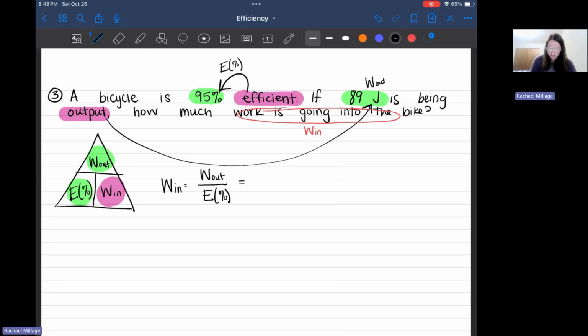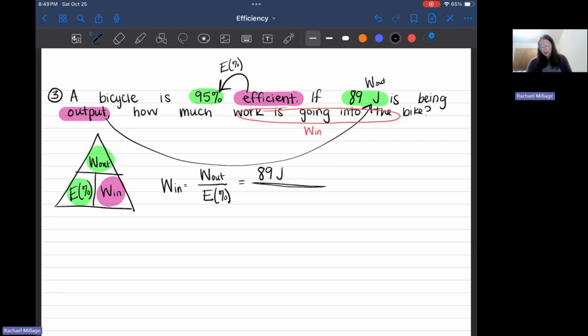So my work out is 89 joules. And then I divide by my efficiency.